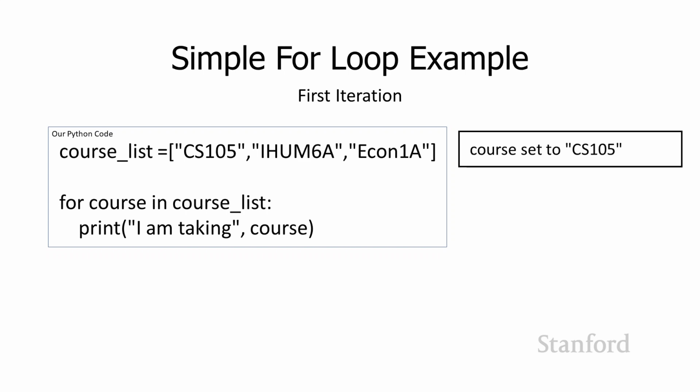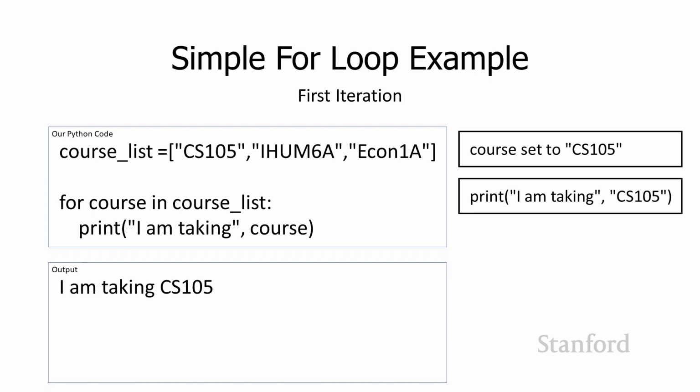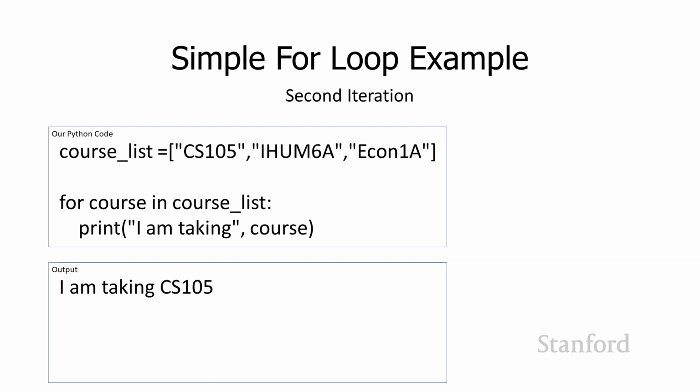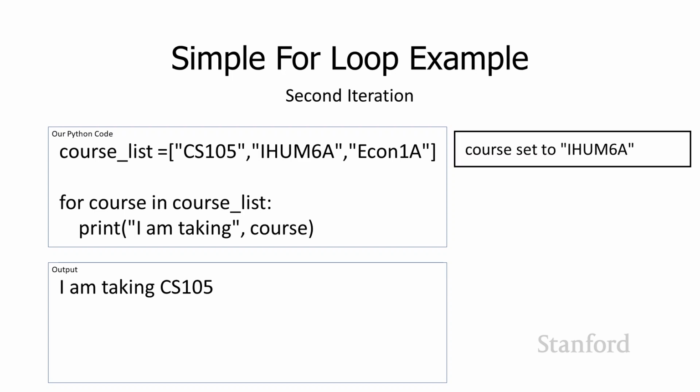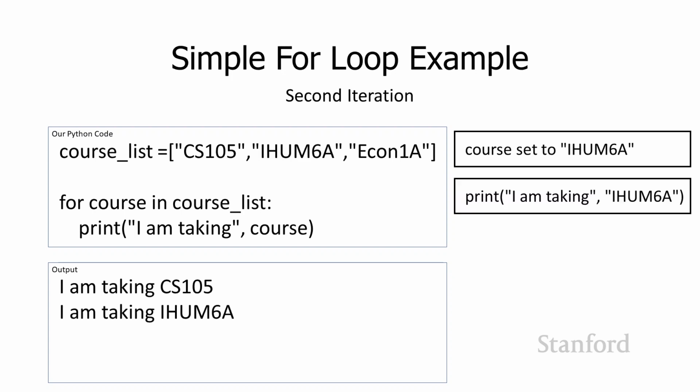So in the first iteration, what's going to happen here is that course variable, which is set in the for loop, is going to get set initially to CS105. And then I'm going to print I am taking CS105. And then the second iteration of the loop, I'm going to go back up and I'm going to reset the value of the course variable to ihum6a. And then I'm going to execute the statement print.